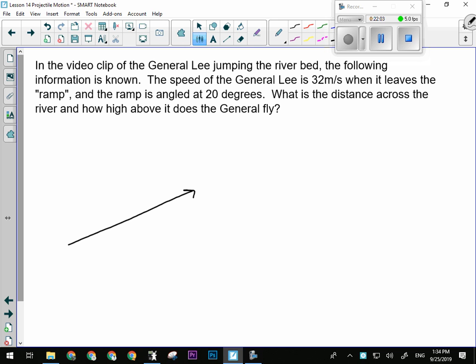So this is what we have. We know that the launching velocity is 32 meters per second, angled 20 degrees above the horizontal. We know the General Lee follows a projectile arc path that re-encounters the ground on the other side of the river.